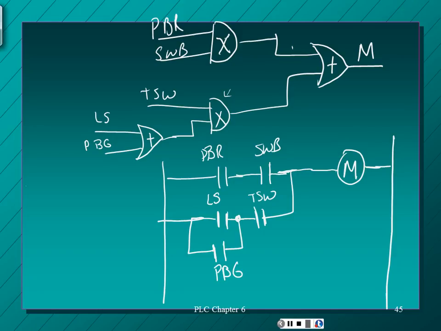So if I were going to write the Boolean equation for this one, it would be PBR times SWB, right? And I might group those just so that I know that's on that one AND gate. Just keep up with it for myself.